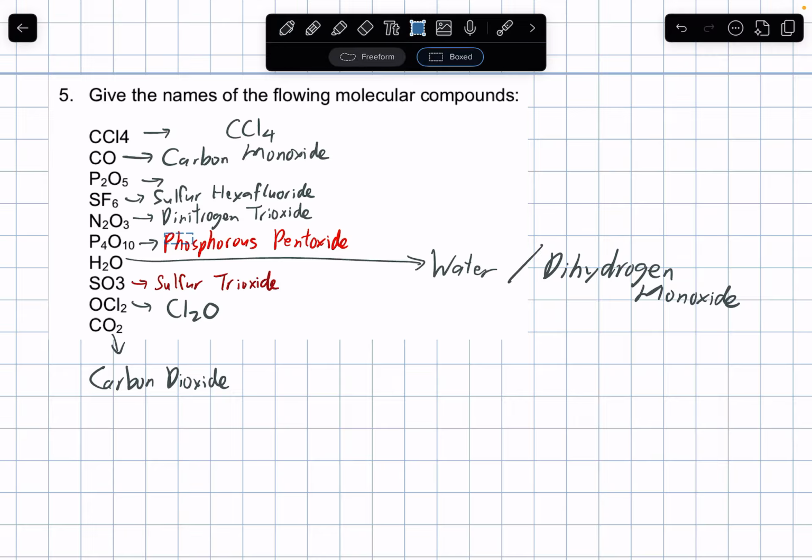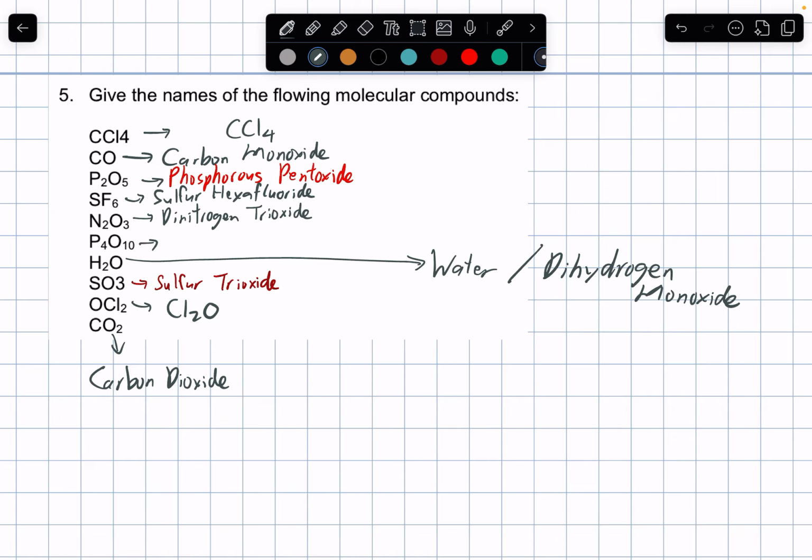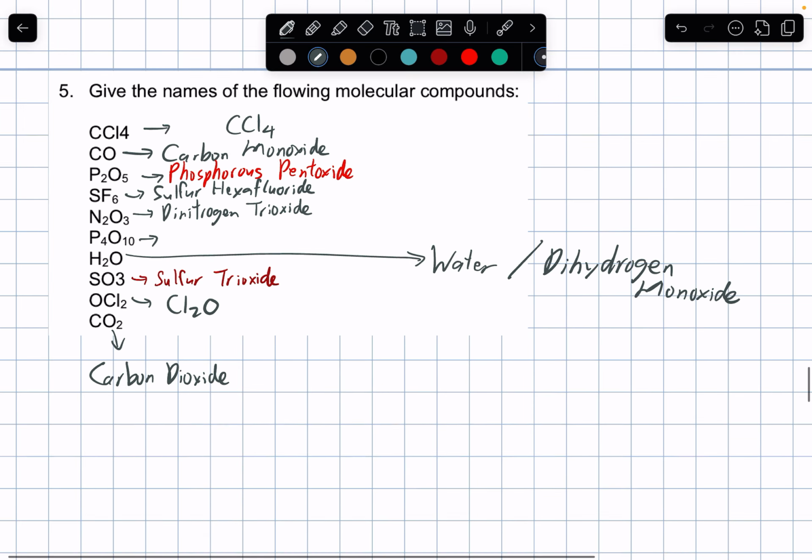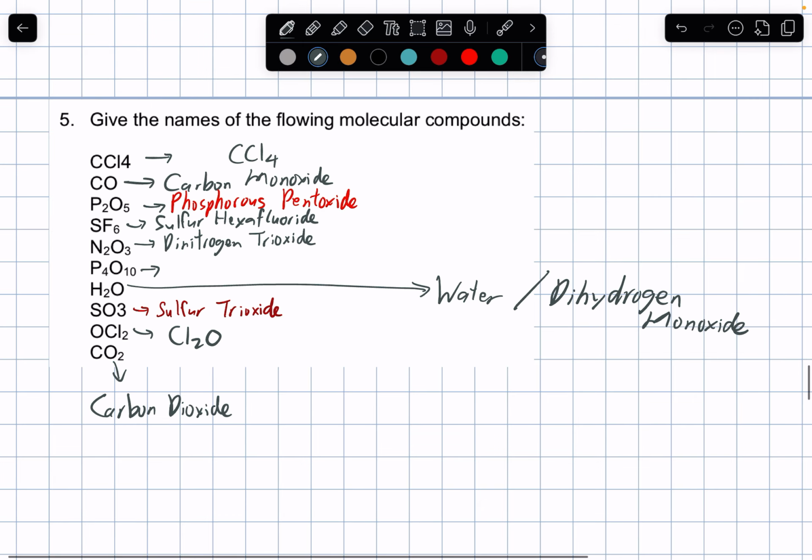Yeah, that is phosphorus pentoxide. But what about P4O10? Or maybe they're the same. Maybe. How about CCl4? Carbon tetrachloride.